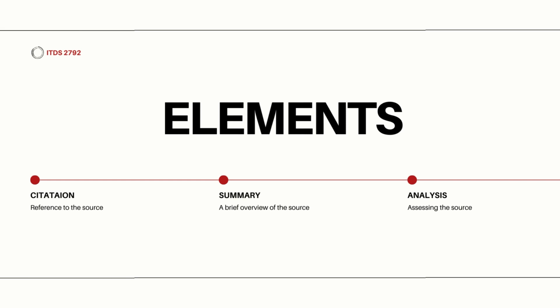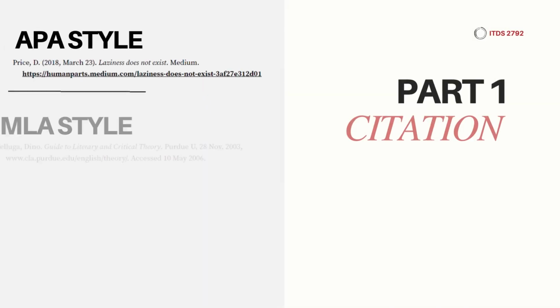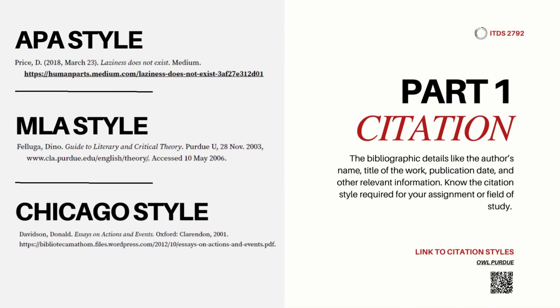So let's go over the elements of an annotated bibliography. We have the citation, summary, and analysis. Let's go over the citation first. This part includes all of the necessary bibliographic details like the author's name, title of the work, publication date, and other relevant information. You're going to want to make sure that you follow the citation style required for your assignment or field of study.